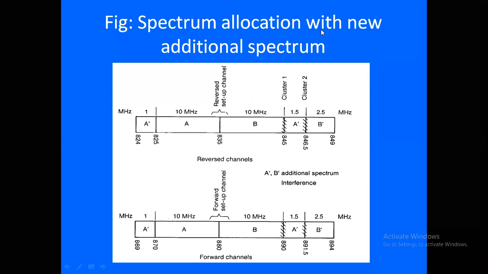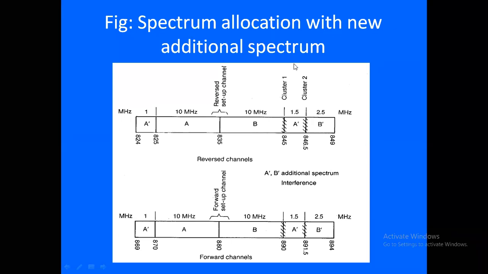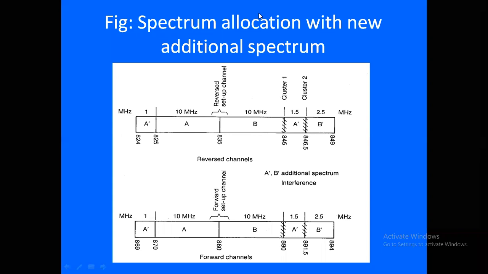So this is the spectrum allocation with the new additional spectrum. This is channel A, this is channel B. We have A dash and B dash additional spectrum interference. The additional spectrum interference may occur because of A dash and B dash. This is the reverse channel and this is the forward channel.